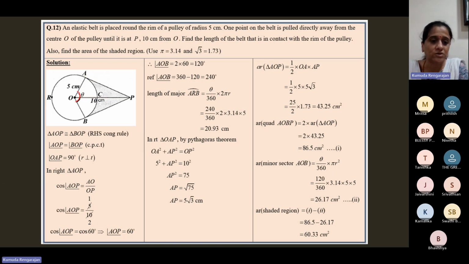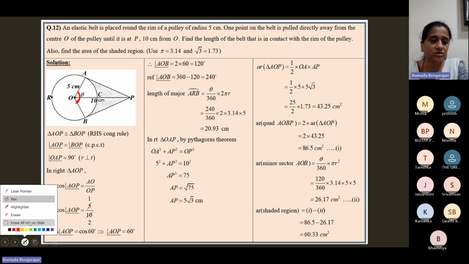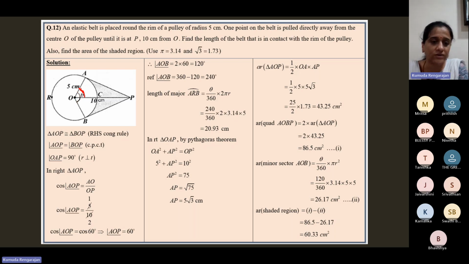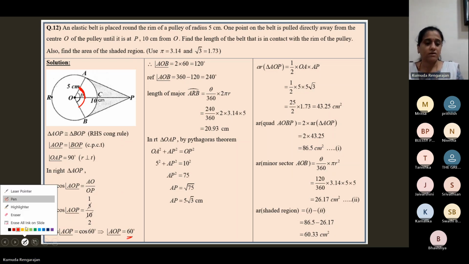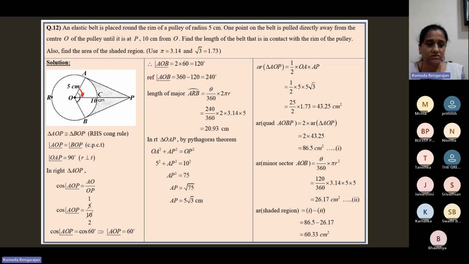Using the right triangle, you can find half of it. Once you find this angle, double it to get the complete angle AOB. So that's what we have worked here: 60 degrees, and this is 60 degrees, so this full angle is 120 degrees.